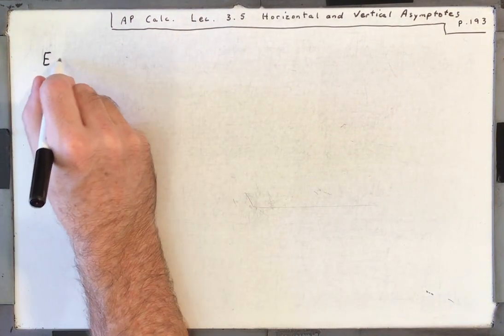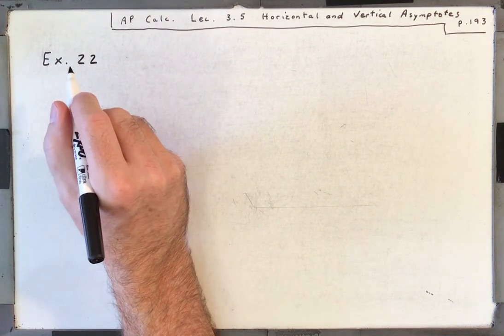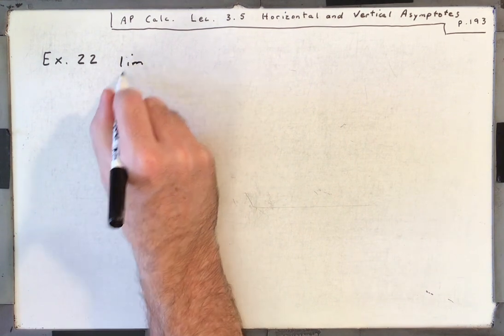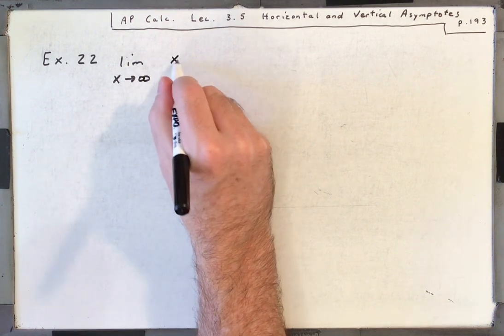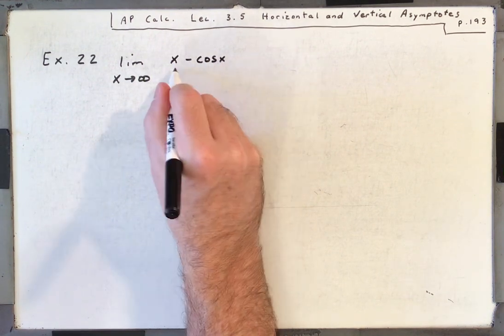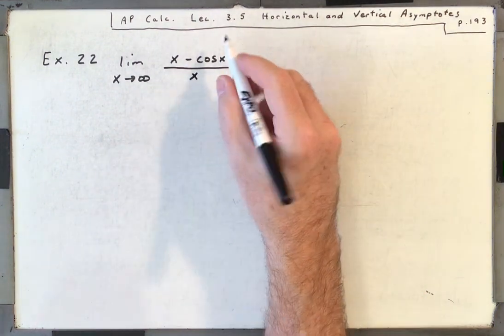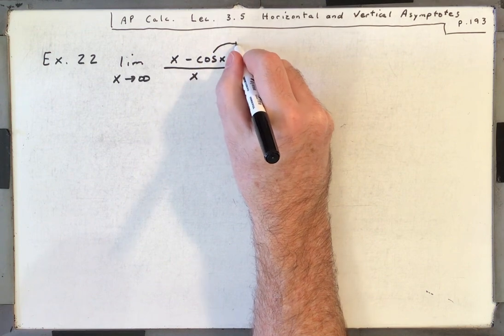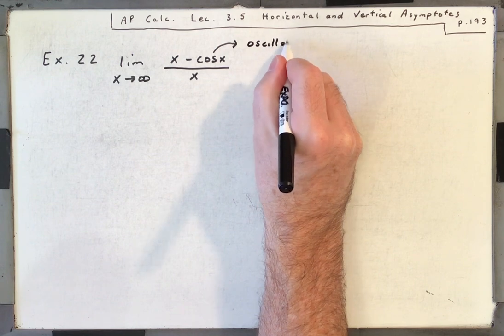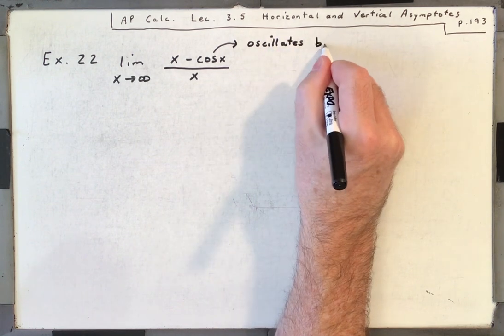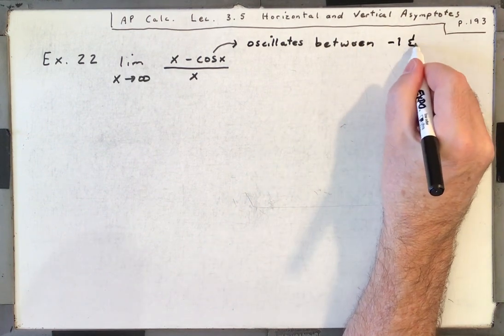A couple more examples from the horizontal asymptote problem. So 22, we're going to take the limit as x approaches infinity of x minus cosine x over x. Now if you look at your unit circle, cosine x, and the same would be true of sine, just oscillates between -1 and 1.